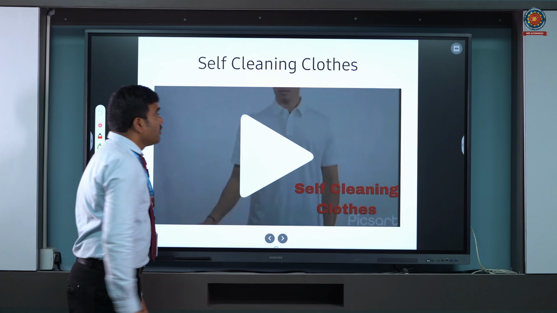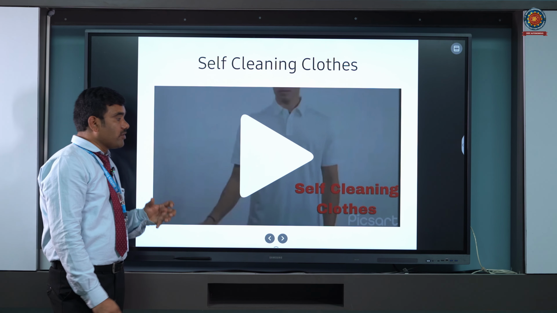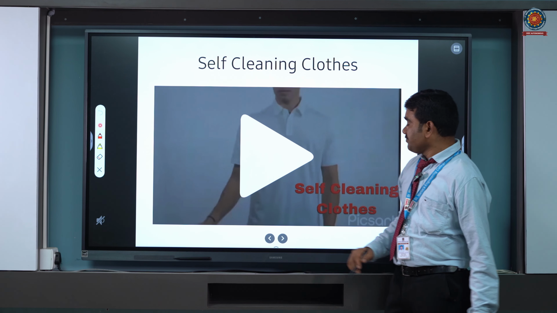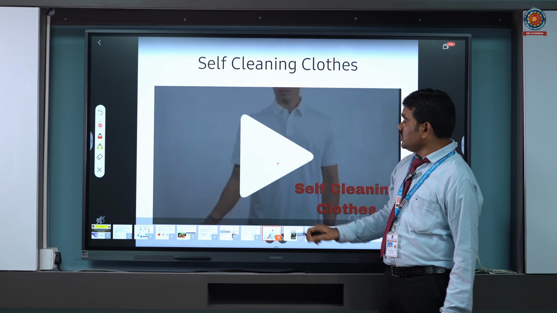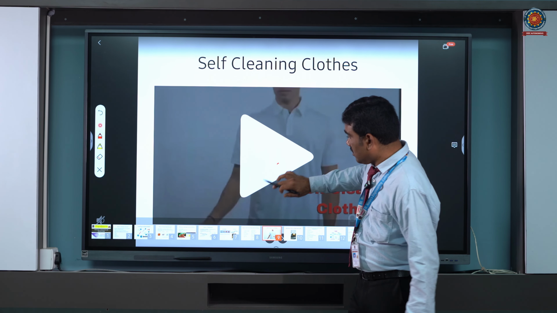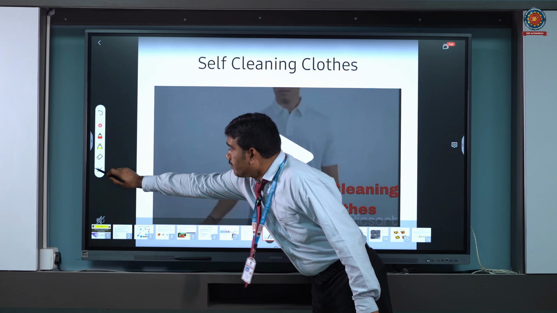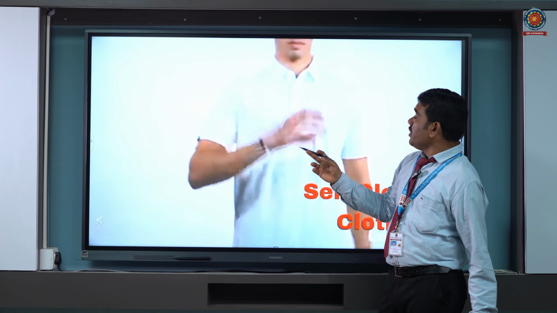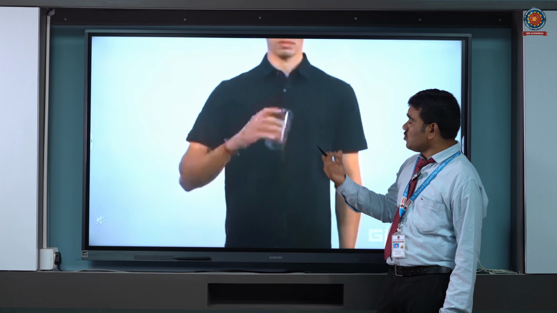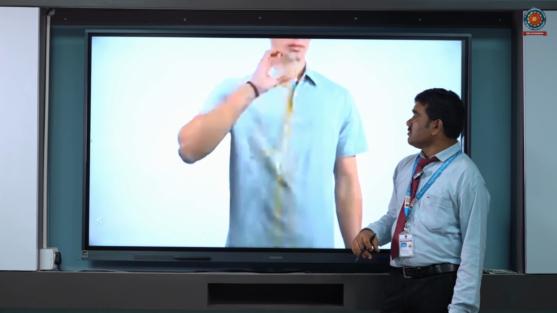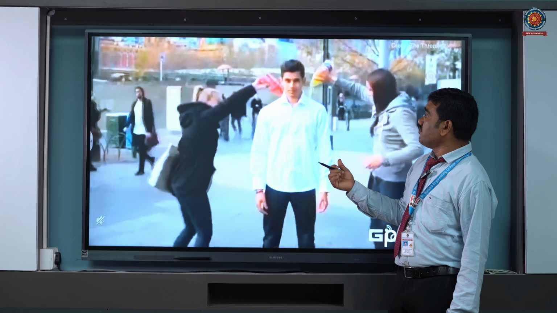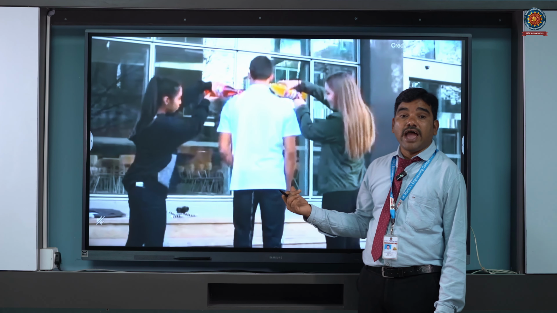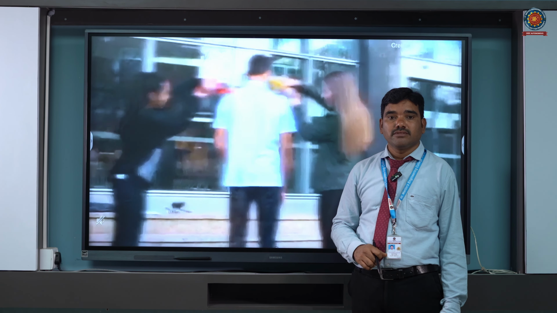See, this is the self-cleaning glass. Here, see this video. In this video, even if water is thrown on the shirt, the shirt does not get wet, because this shirt is coated with wax-coated materials.